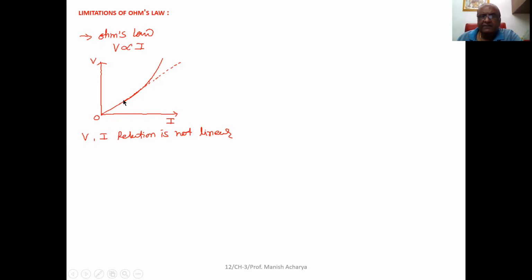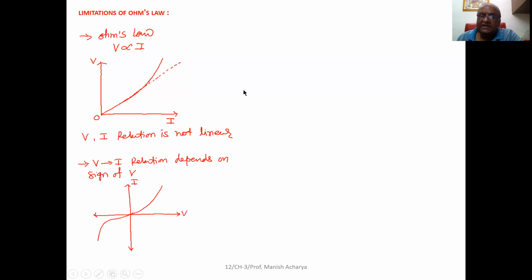No doubt, up to a certain temperature the graph is a straight line. But if the temperature increases, then at higher temperature the linear relationship between voltage and current will not be obtained. So this is one limitation.